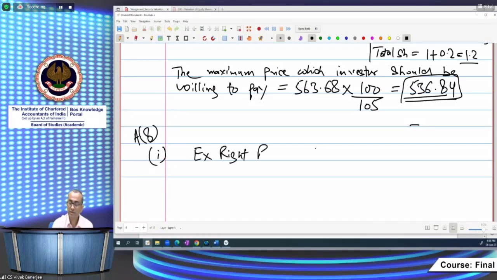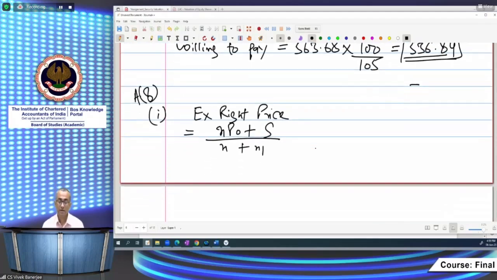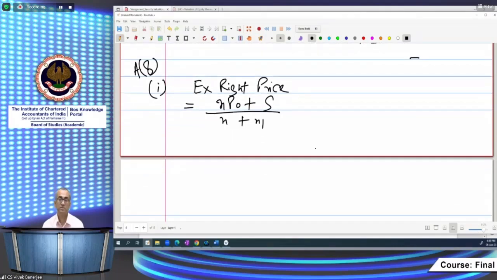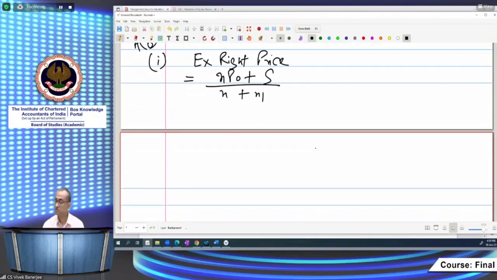Calculation of ex-right price. The ex-right price is calculated with the formula (NP0 + S) divided by (N + N1). This formula is given in the study material, and it can be solved logically without the formula too, but since it's given, I am using it. Ex-right price means the price after the right issue.